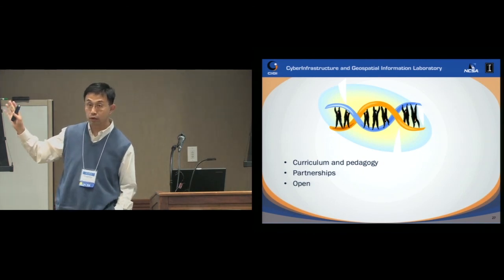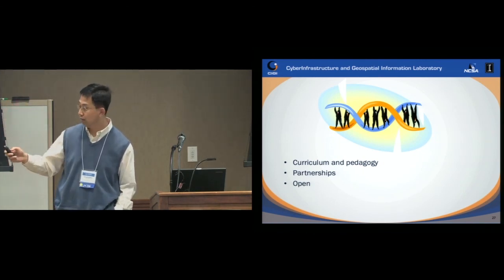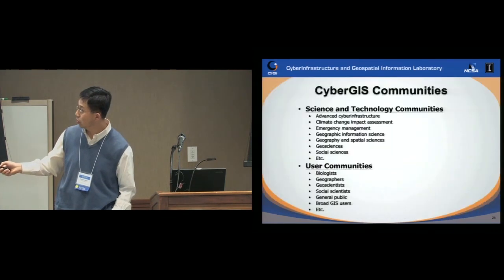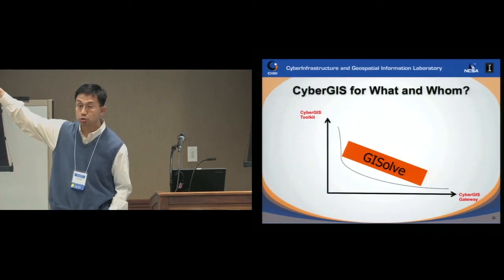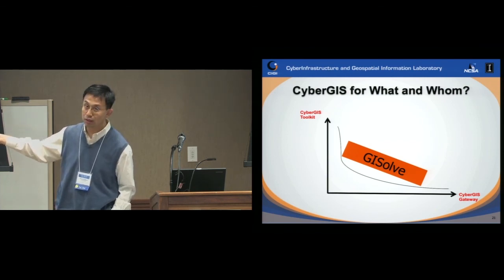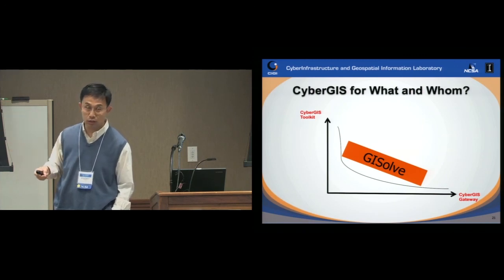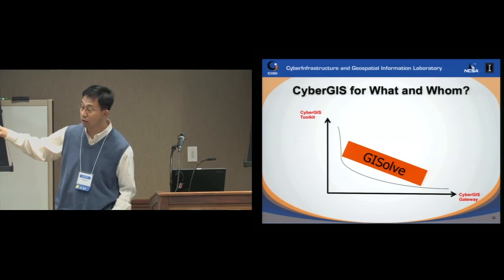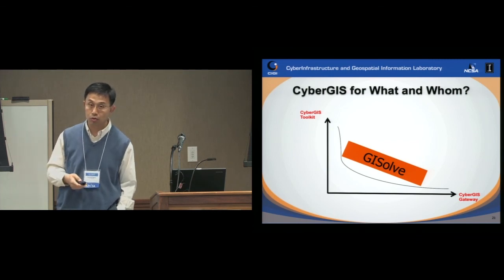We're very mindful of that, and we're developing, as I was talking about, really a spectrum. This is what we call accessible. You could think of CyberGIS for millions of users as an online environment with an easy-to-access interface. But the toolkit is more open source, scalable codes, community development.